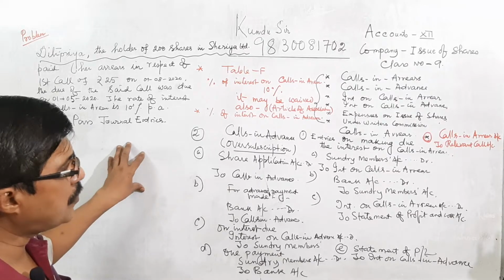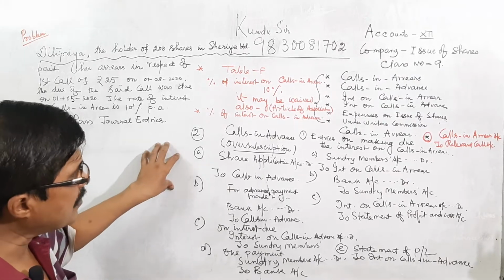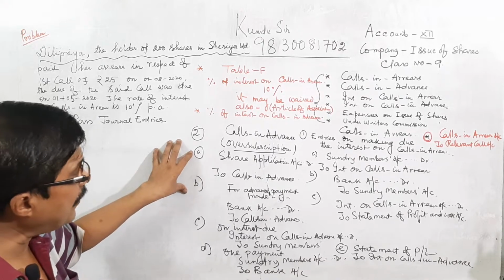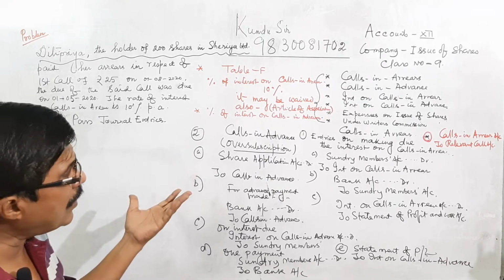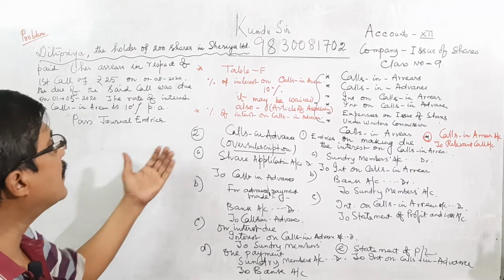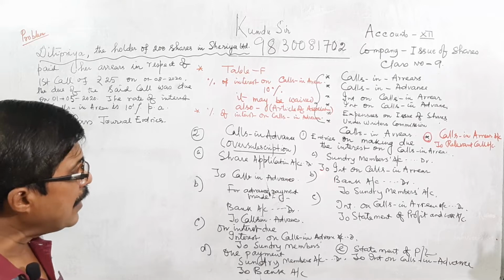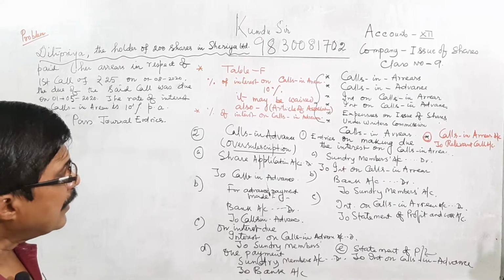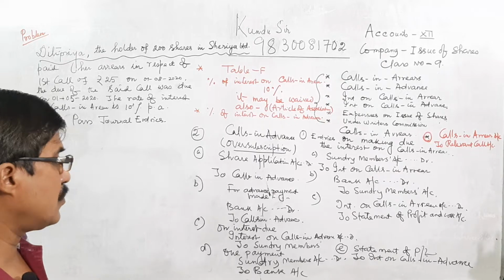That means the amount into the rate of interest of 10% into the relevant time. The delay may be 2 months, 1 month, or 5 months. If it is 5 months, then 5 by 12. In this way, the calculation is to be made for interest on arrear accounts.